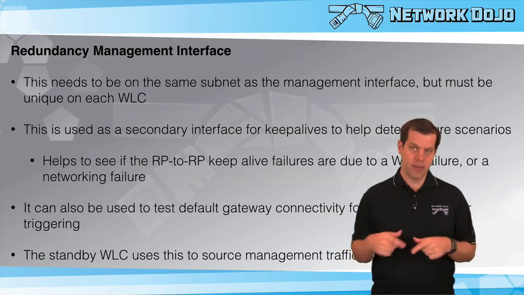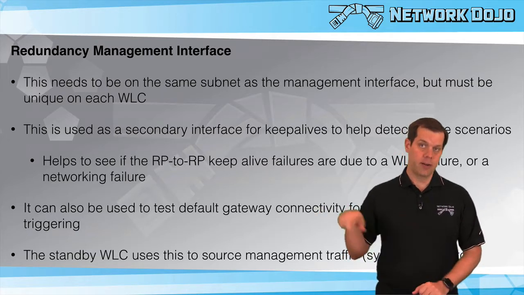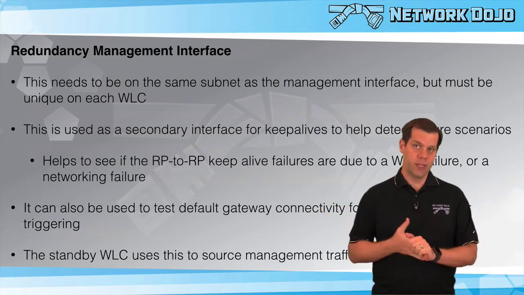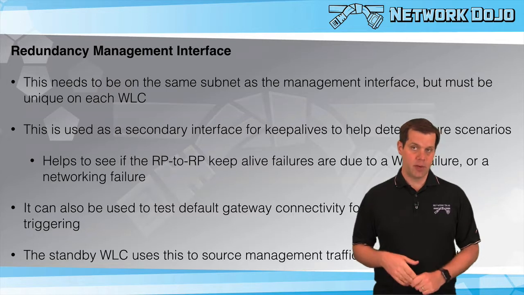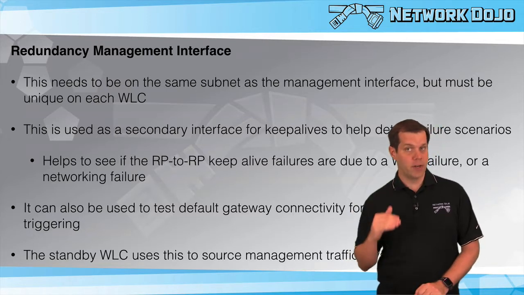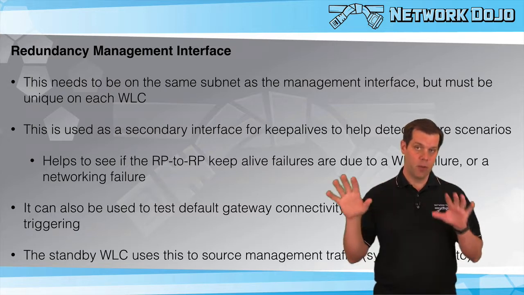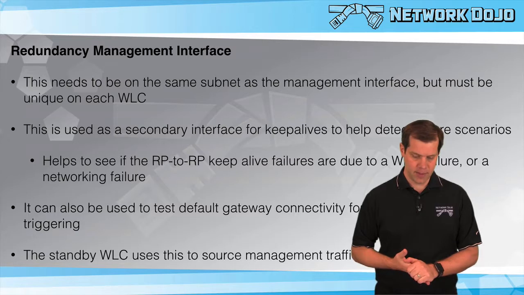So now we have this redundant connection between the two boxes that we can also do a check between them to see, okay, are both of them still up, or is one of them truly down? We would know the other one's truly down if we lost keep alives on both the redundancy port and the redundancy management interface. Whereas if you lose it on one, but the other one stays up, we know both boxes are up and we don't have an accidental failover process here.